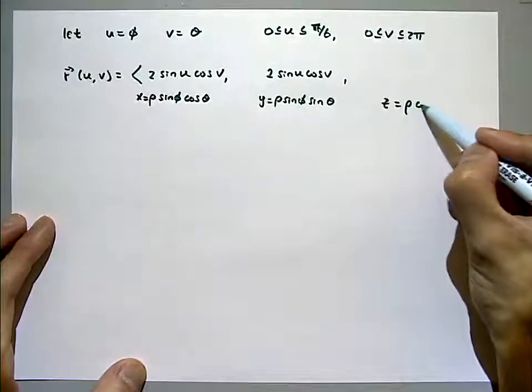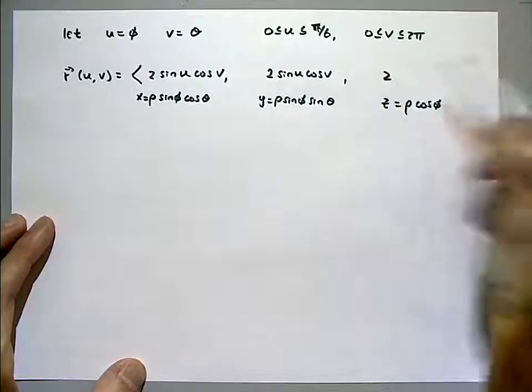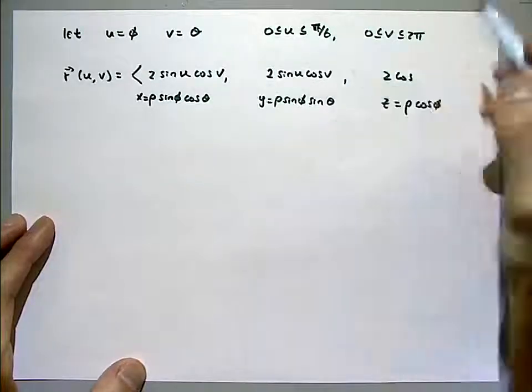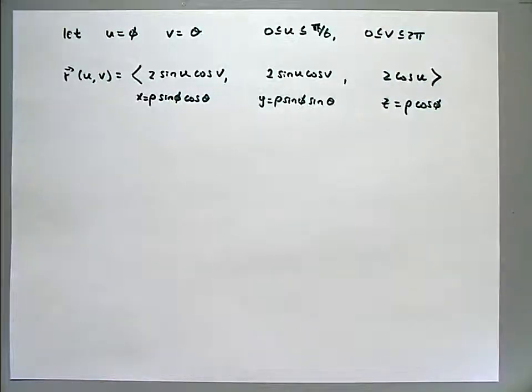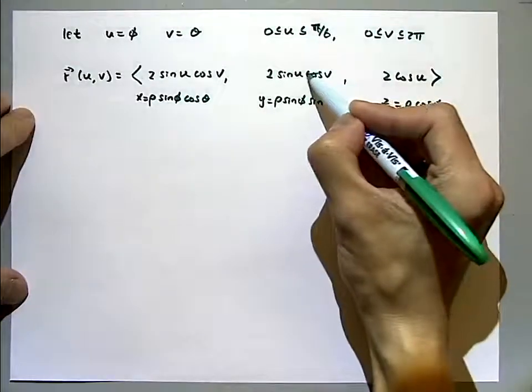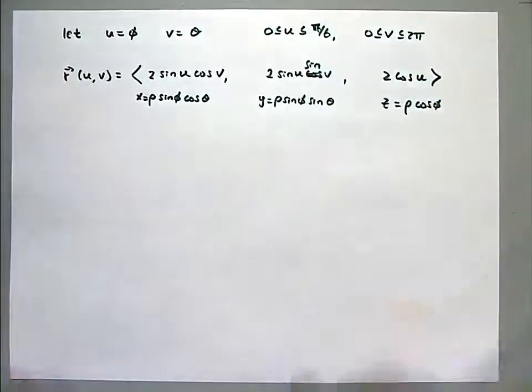And z is rho cosine phi. So that's going to be 2 cosine u. All right, so once you get to here, because we parameterize this surface, yes? Sine, yeah, you're right. Oh, good. Because next step would be all completely screwed up if we had gone with the cosine v. Good catch.